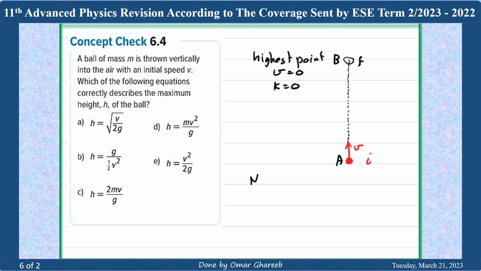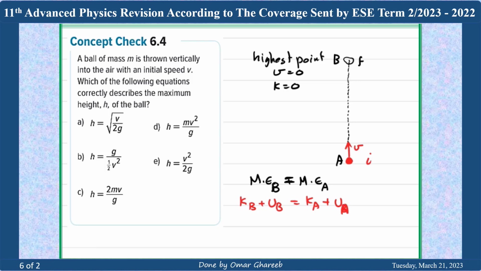Now, the mechanical energy at the final position B equals the mechanical energy at the initial position A. Substituting, kinetic energy at B plus gravitational potential energy at B equals kinetic energy at A plus gravitational potential energy at A.